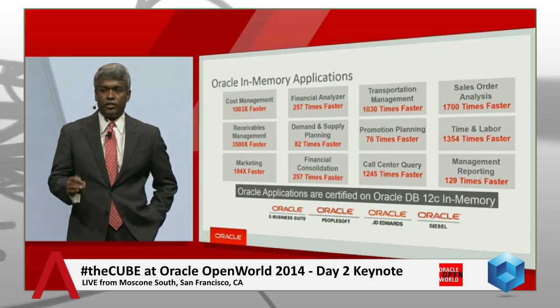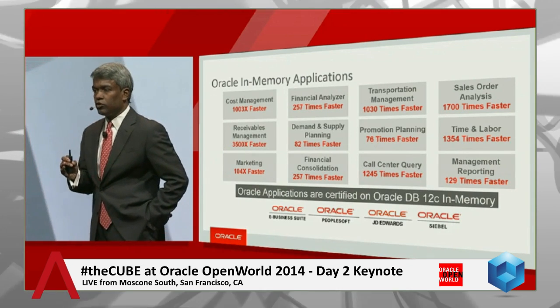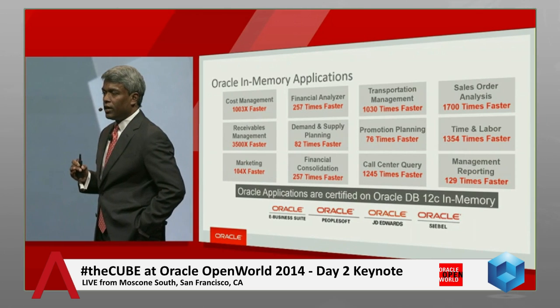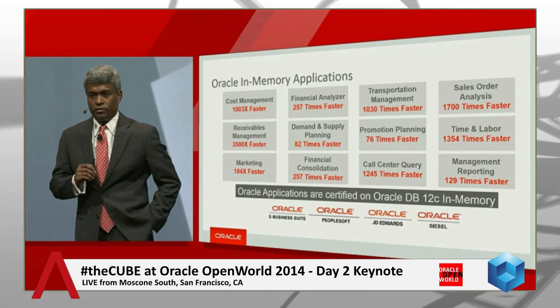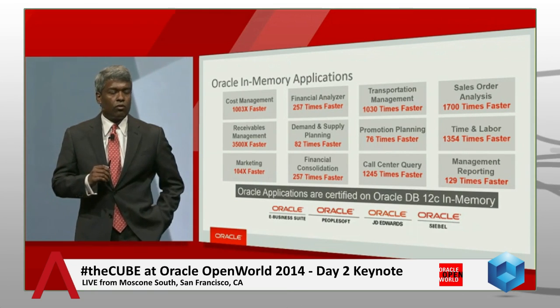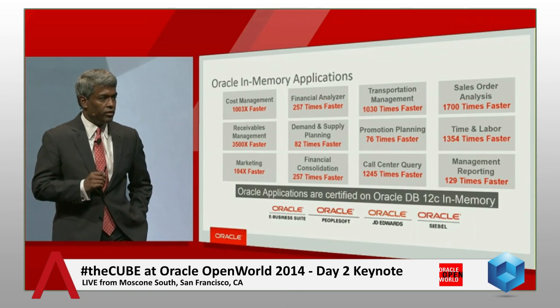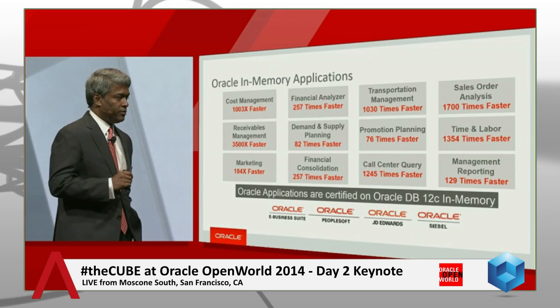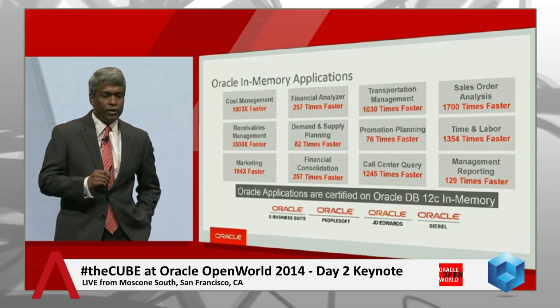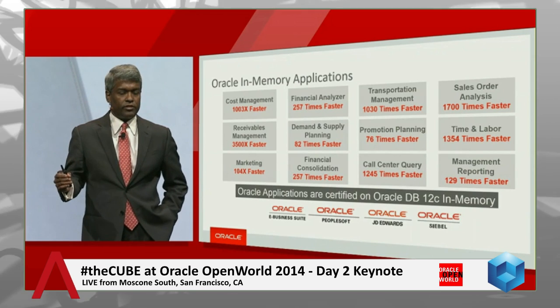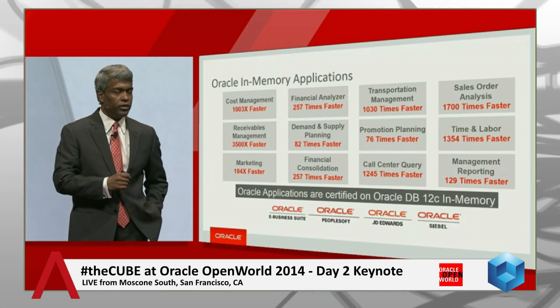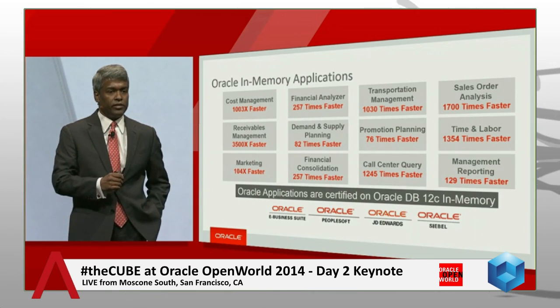So a calculation that used to take you close to 25 hours to run now runs in a minute. Oracle Transportation Management runs 1,030 times faster. JD Edwards Sales Order Analysis goes 1,700 times faster. PeopleSoft Time and Labor goes 1,354 times faster.